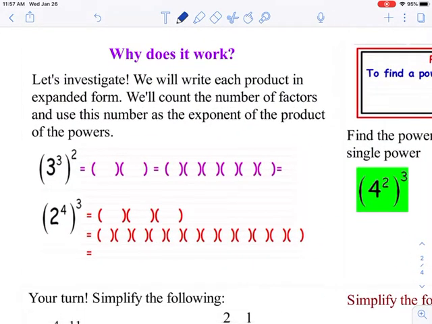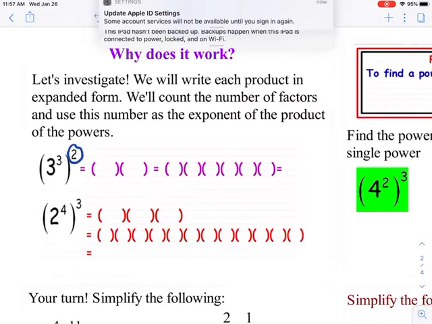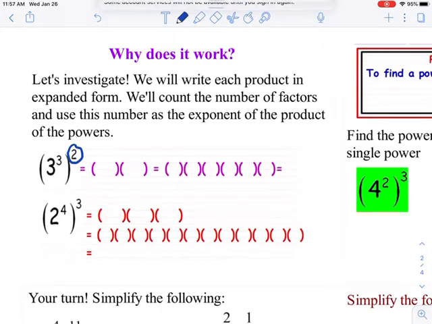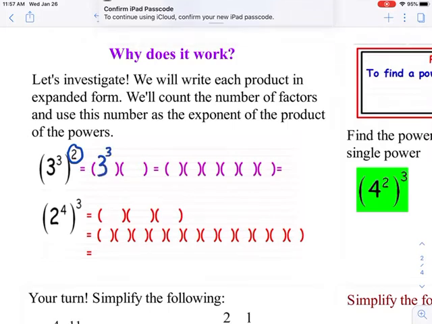So if I have 3 to the third raised to the second power, if I raise something to the second power, that means I'm multiplying by itself twice. So what this is telling me is I have to take 3 to the third times itself twice. That's what it means to raise it to the second power.